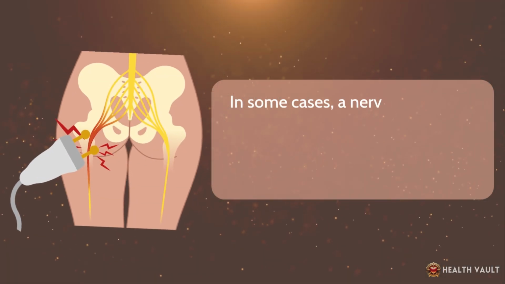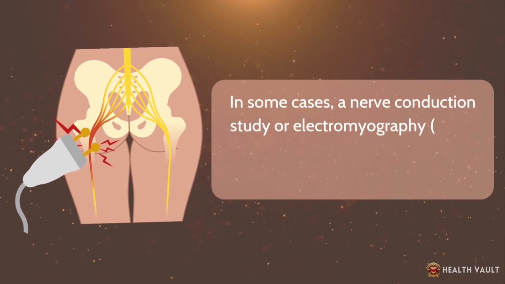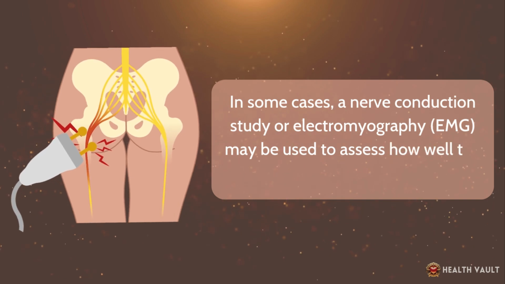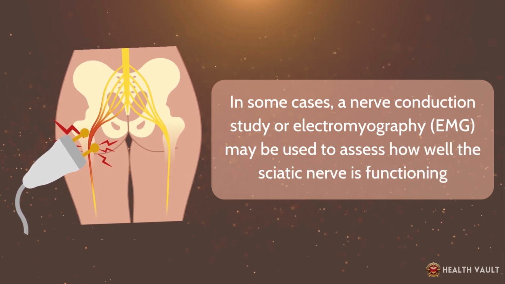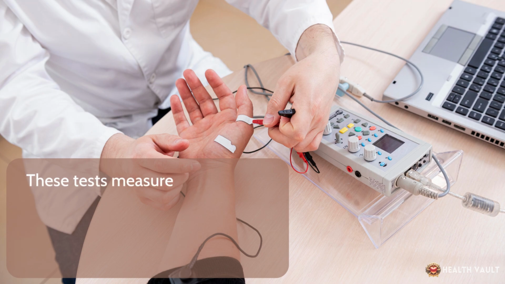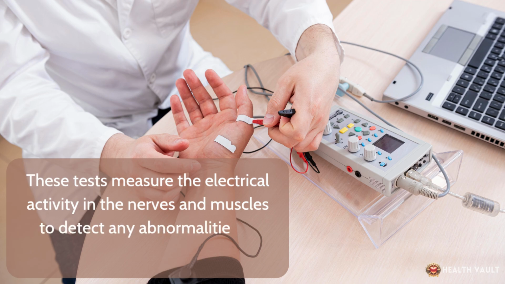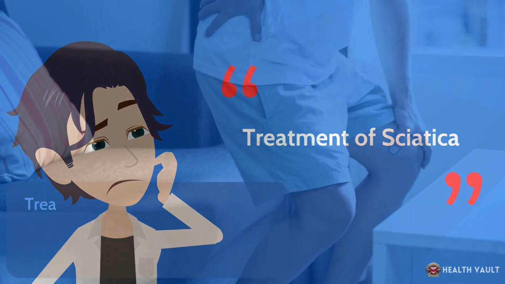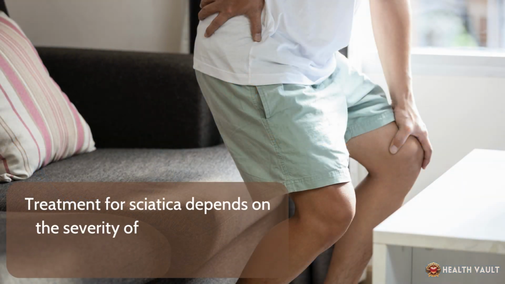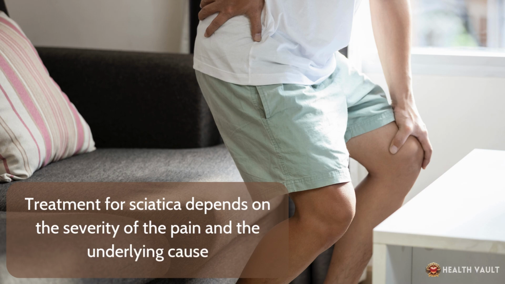In some cases, a nerve conduction study or electromyography may be used to assess how well the sciatic nerve is functioning. These tests measure the electrical activity in the nerves and muscles to detect any abnormalities or blockages.